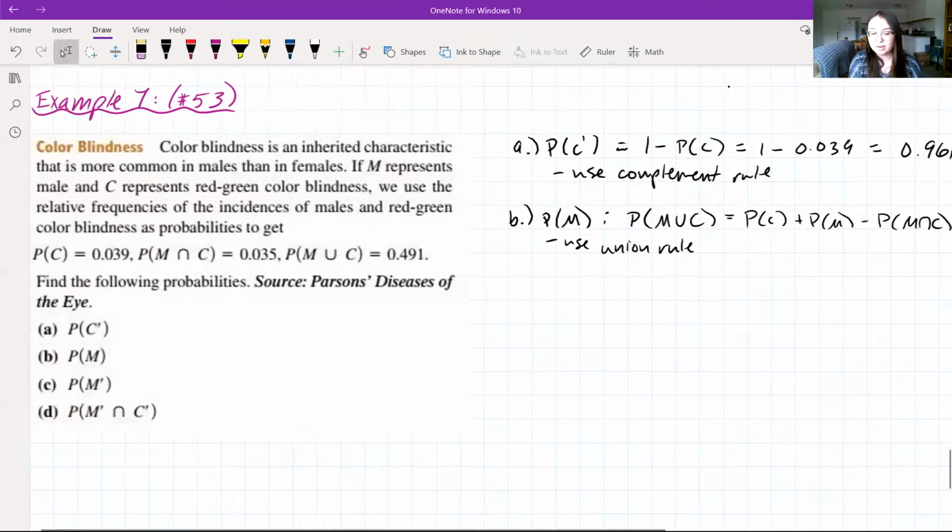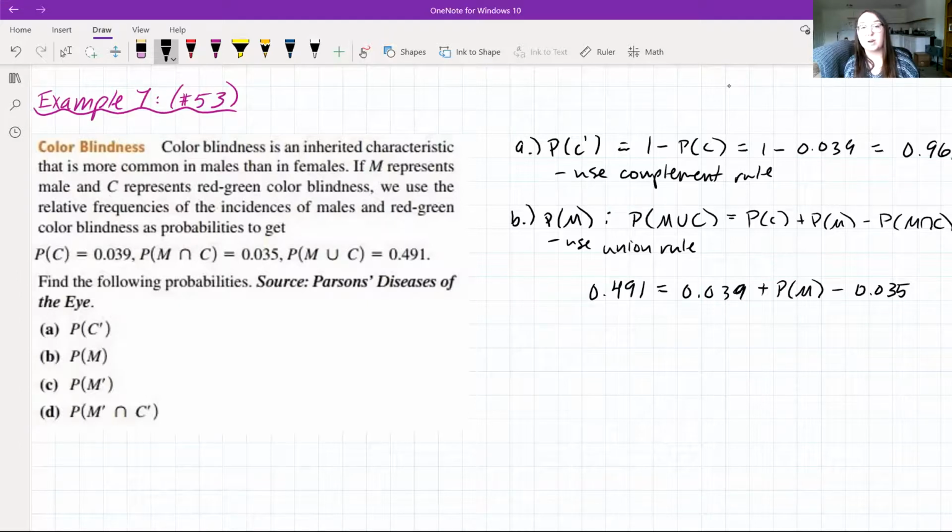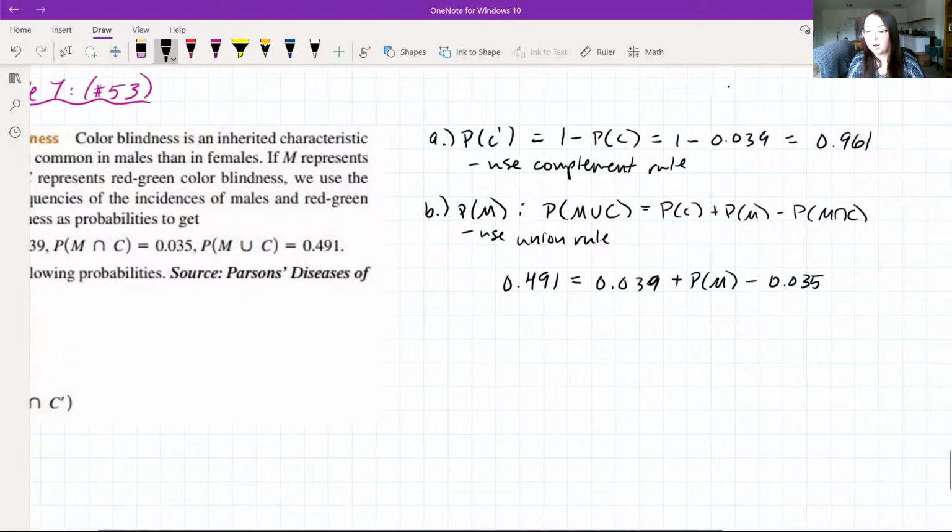We know that the probability of M union C is going to be 0.491, which is equal to the probability of C, which is 0.039, plus the probability of M, which we're trying to find, minus the probability of M intersect C, and that's going to be 0.035. So now we just need to solve for the probability of M.